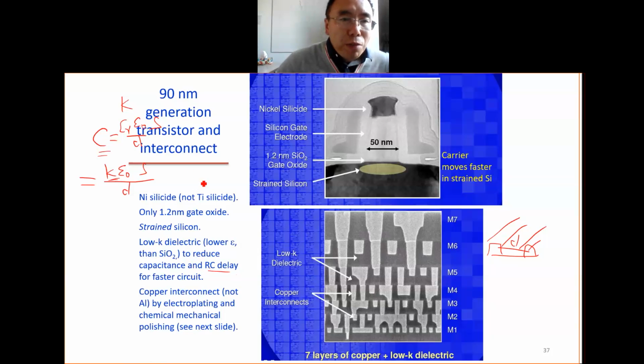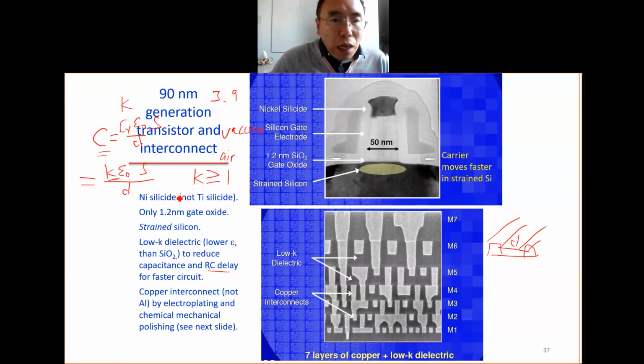So what's the minimum for K? K is not lower than 1. When K equals 1, it means air or vacuum. Otherwise, K is higher than 1. For silicon dioxide, K equals 3.9, but this is not very good.